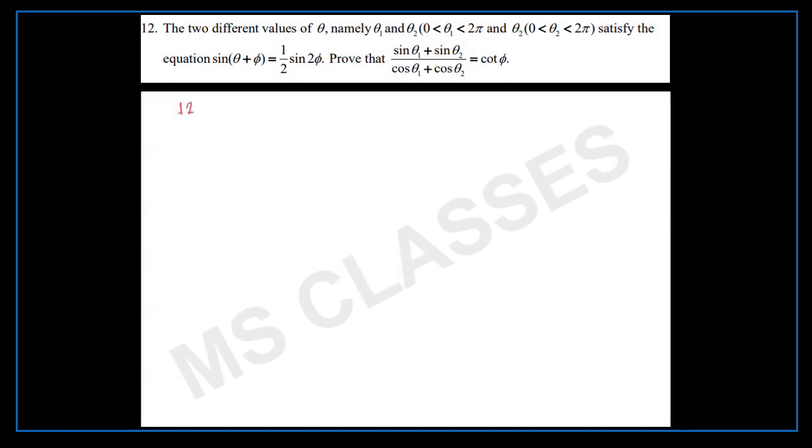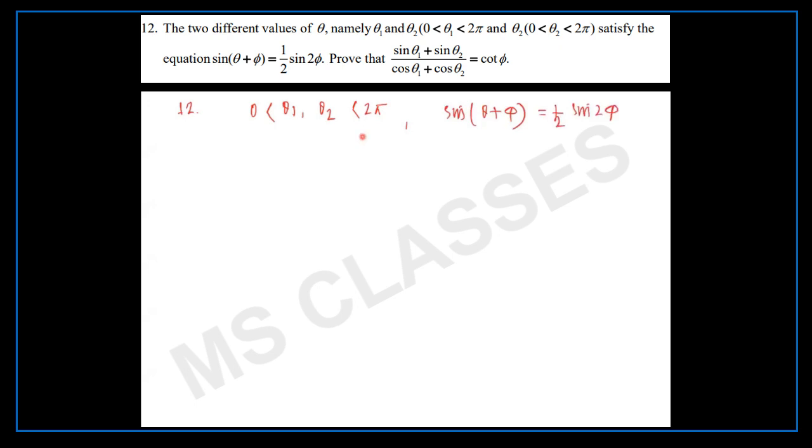Two different values of theta, namely theta 1 and theta 2, are given. Here theta 1 and theta 2 lie between 0 and 2pi. Both of them satisfy the equation sin(theta + phi) = 1/2 sin 2phi.